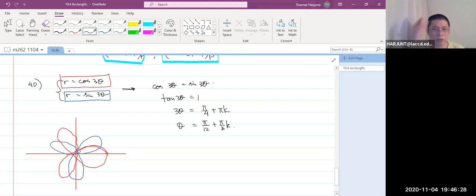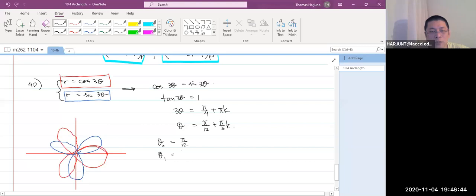Now, I think we get confused already. There are so many intersections, you know. Okay, let's find out all of them. So the first one, when k equals 0, we get pi over 12. When k equals 1, that's pi over 12 plus pi over 3, that's 4 pi over 12, that's 5 pi over 12.